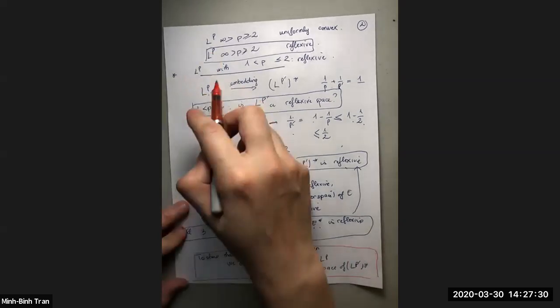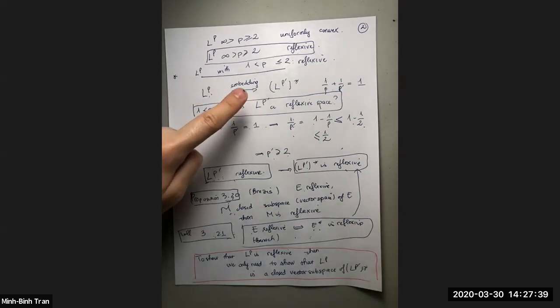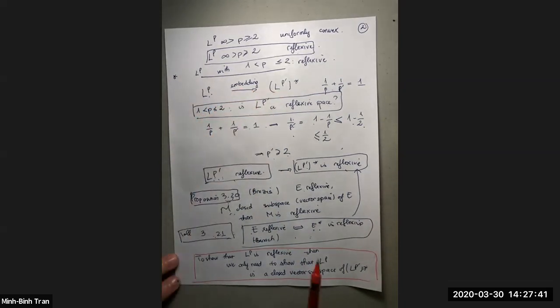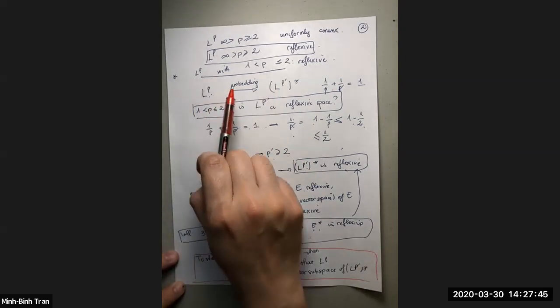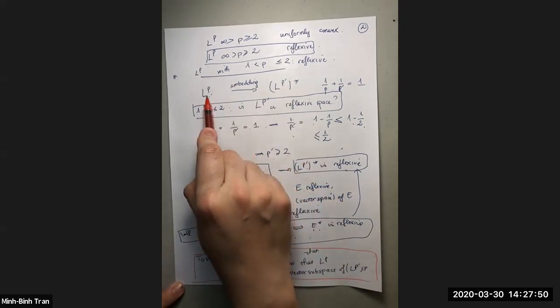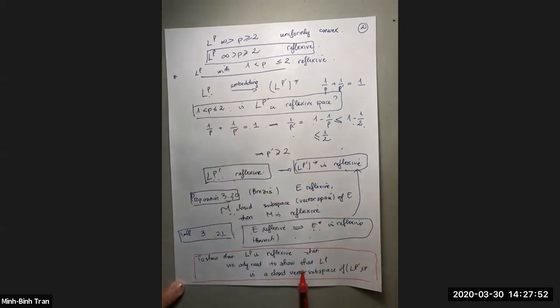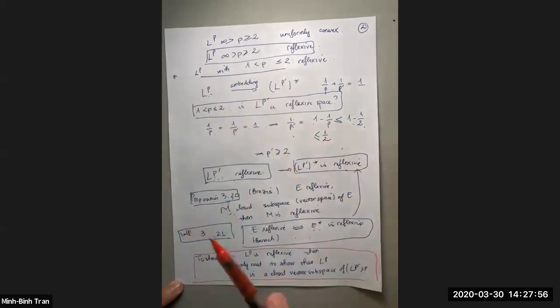I explain again the strategy to show that L^p is reflexive. To show that L^p is reflexive for p bigger than 1 and smaller than or equal to 2, what we have to do is create an embedding from L^p to L^p' star, so that you show that L^p is indeed a closed subspace of L^p' star.